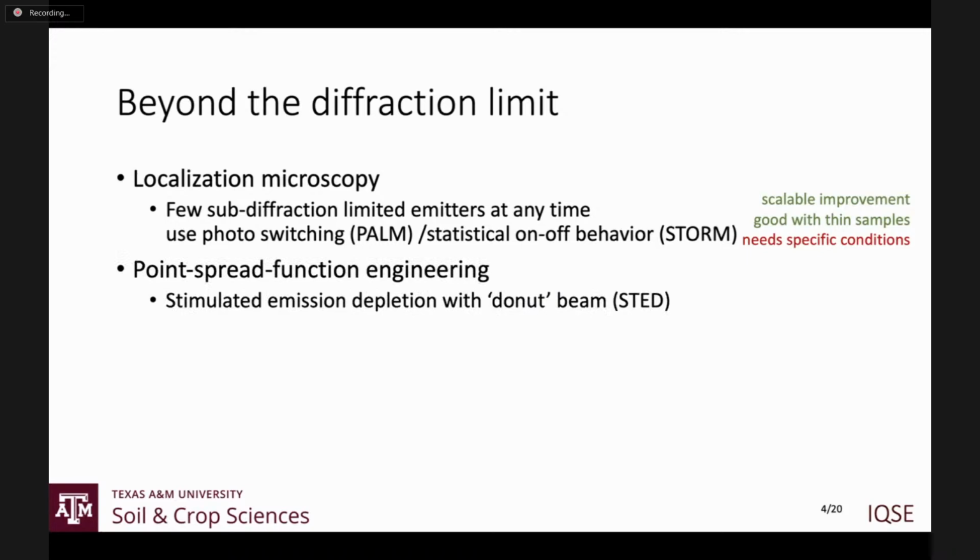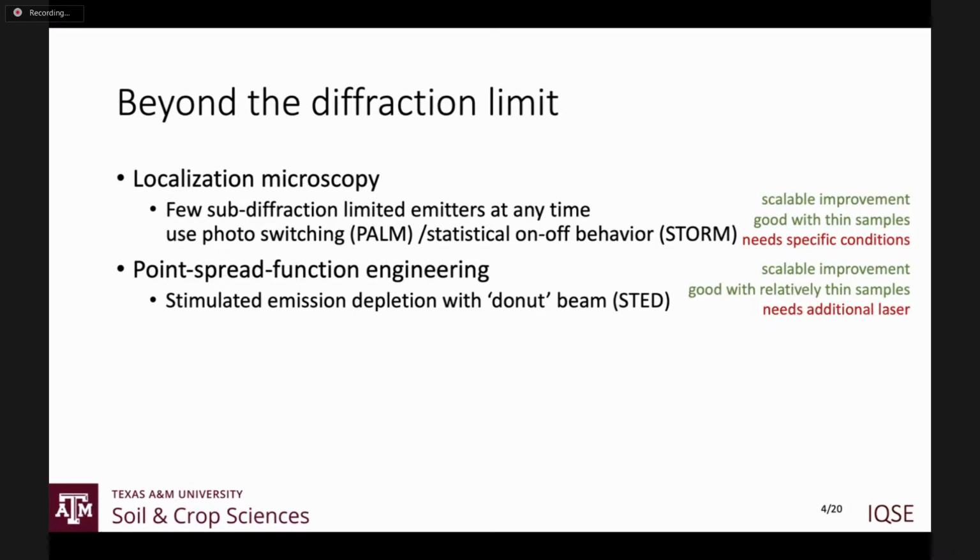Another way to do it is to engineer your point spread function, for example, as done with stimulated emission depletion, where a donut beam depletes the outer part of the excitation volume. Again, that can give you a scalable improvement. The more power you put into that donut beam, the more you restrict the remaining excitation to a very small region.